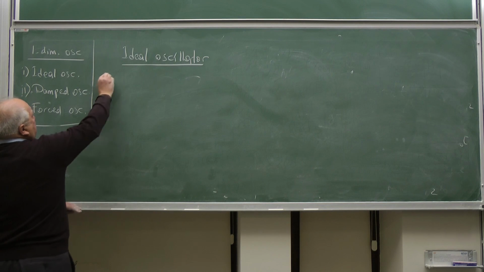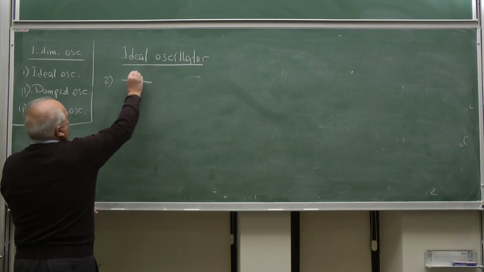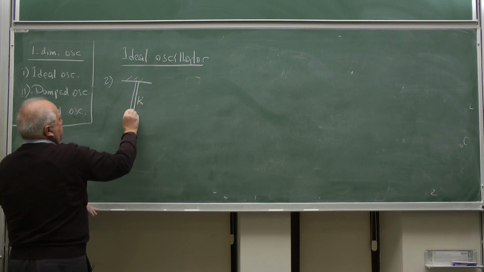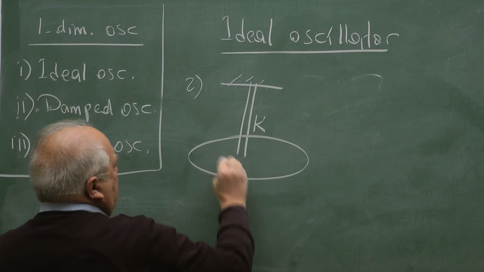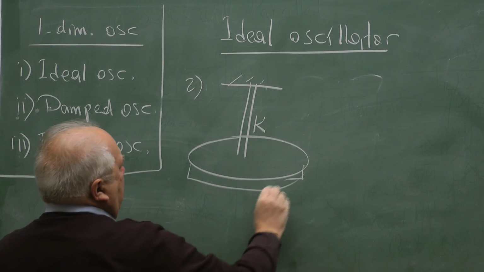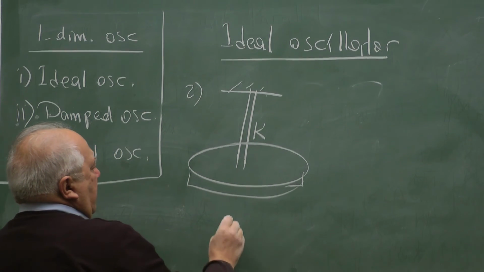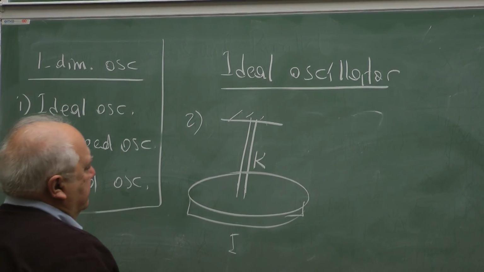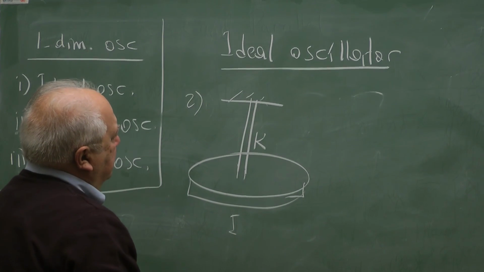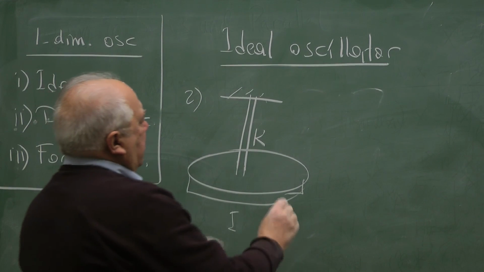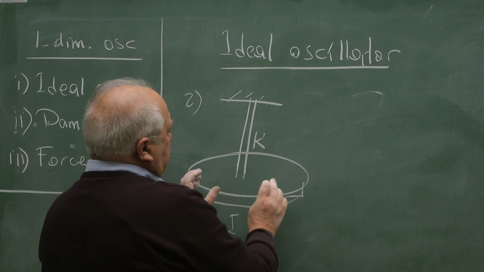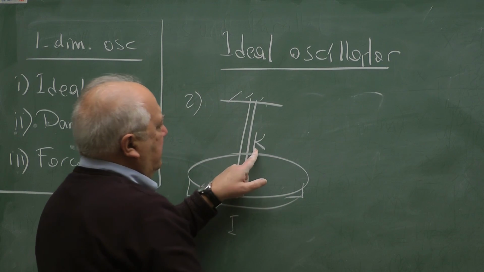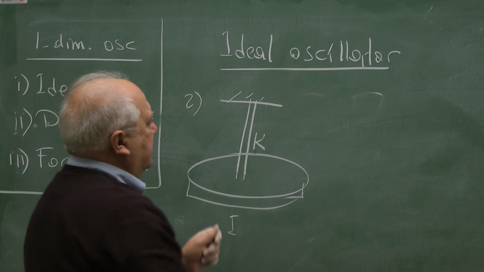The second problem I want to discuss is this. Suppose there is a rod connected to a torsion rod, and this has a moment of inertia I, and it means that if you rotate this object a little bit, you give a twist and the torsion bar will resist it.